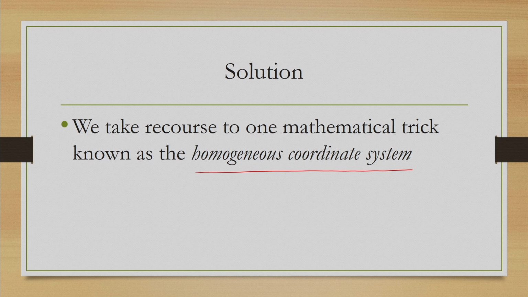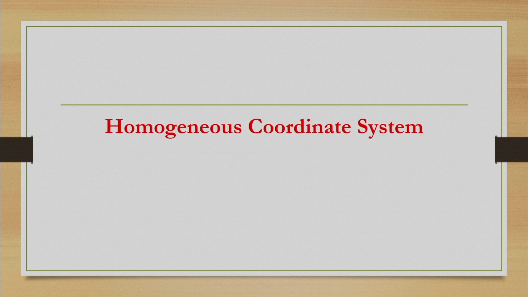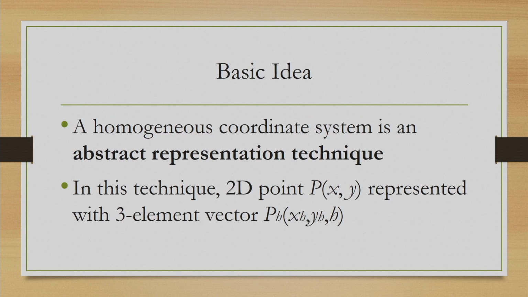Now, what does this homogeneous coordinate system based matrix representation refer to? Essentially, it is an abstract representation technique. That means this coordinate system does not exist in the physical sense. It is purely mathematical, purely abstract.